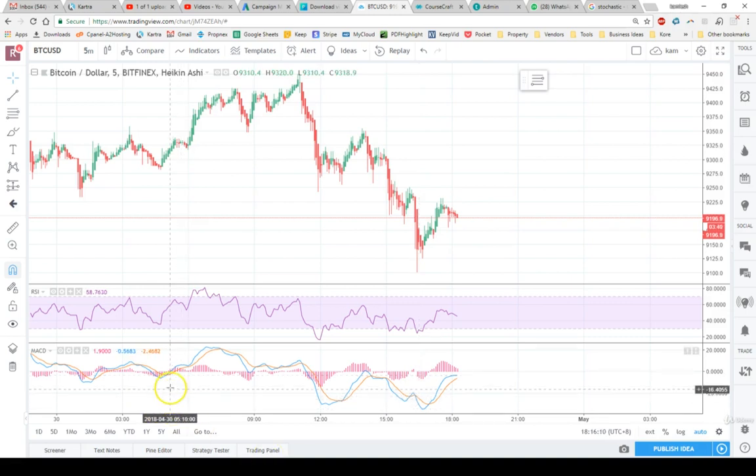What we are looking at is using the indicators together. So when RSI starts moving up here, I want MACD to confirm the direction. After a while you see that MACD also crosses over and confirms that the blue line has crossed the orange line upwards, so the price is going to go up, and then from there for quite a while price does go up, right?